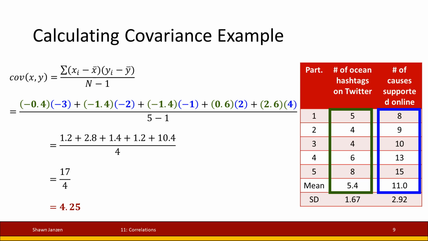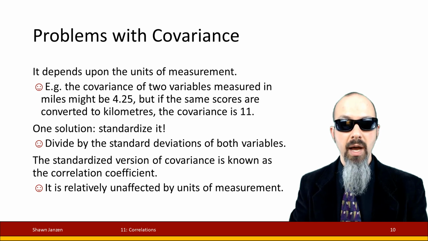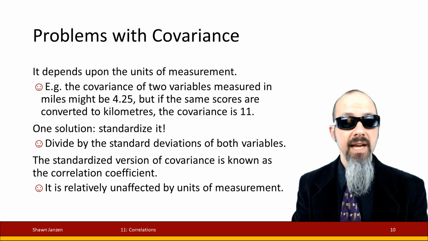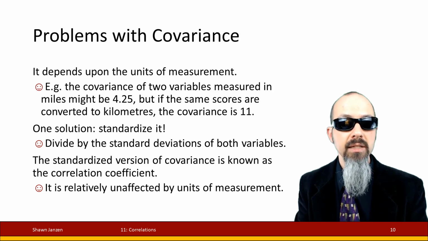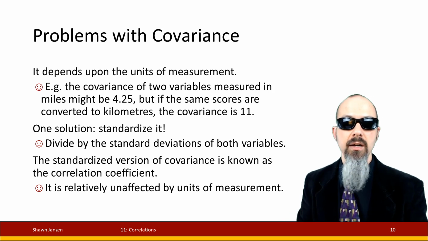Now keep in mind, just like variance, covariance itself is not an easy number to interpret. We just have to know that it is talking about the amount of variation by 2 variables on how much they're agreeing and their amount of variance with each other. So keep in mind that when you're dealing with covariance, that's fantastic, but it has some disadvantages. One of the problems is that it depends on its units of measure. These are not standardized measures.